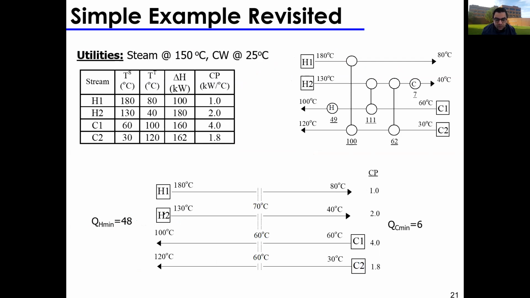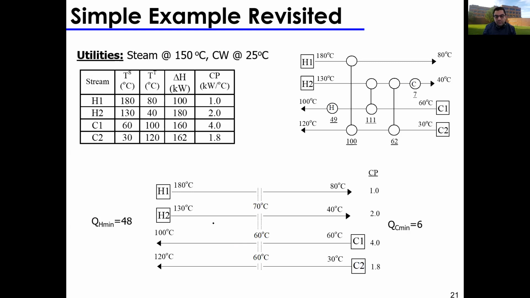The next one, H2, initial temperature, final, CP. Then the cold streams from the right, C1 and C2, initial, final. Just draw horizontal lines. Give yourself some space, so don't cram them up on the page. Give yourself enough space to actually draw them, make errors and erase, so you can practice.